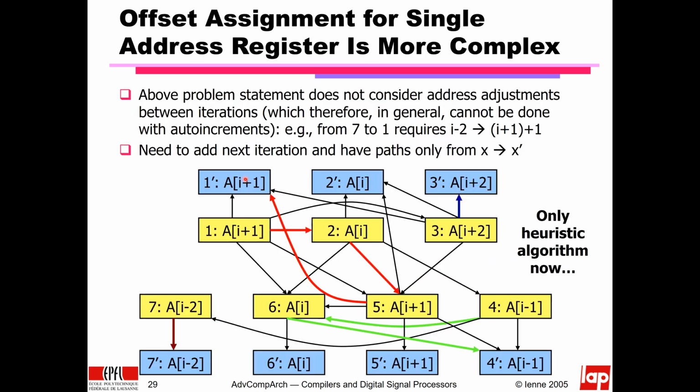And you see also here the problem now. This is only for one set of accesses, with one register. You may have one array, you may have multiple arrays. So again, things become very quickly more complicated.